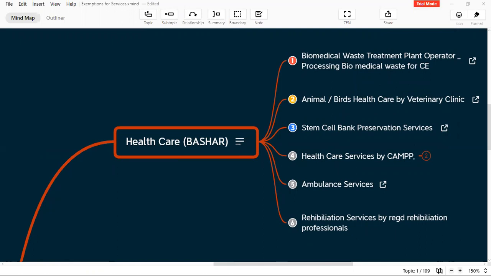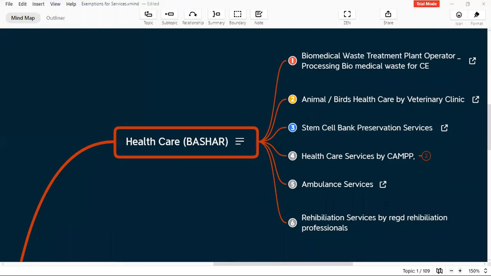They have to dispose of it in an eco-friendly way, but at the same time, they are all biomedical waste. So there will be some common service provider who helps all these hospitals in removing and also processing these wastages. Services by that particular person for a CE, representing clinical establishment, are exempt from GST. Basically, hospitals have all these wastages, and any third party who is providing these services is being given exemption. That's the first point.